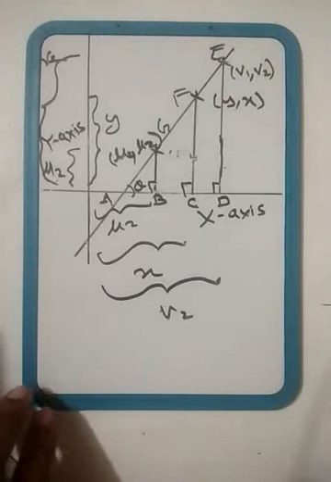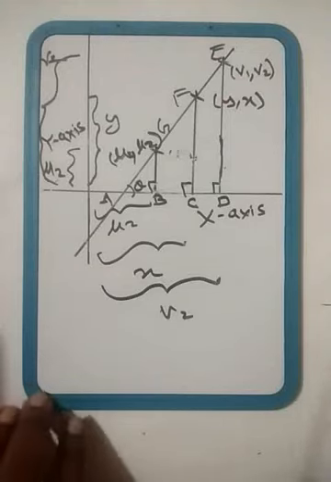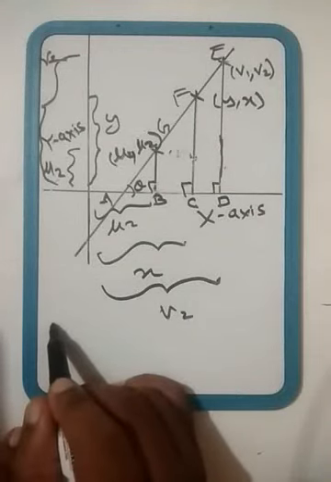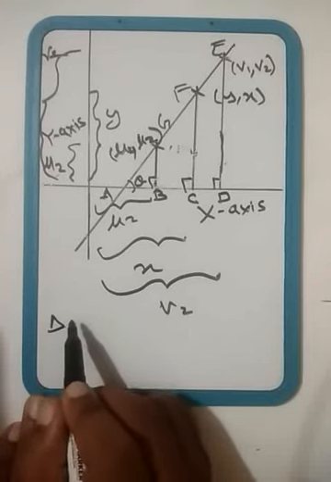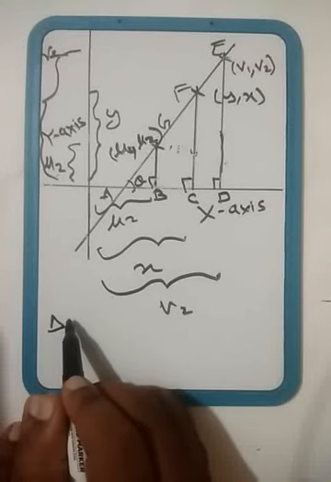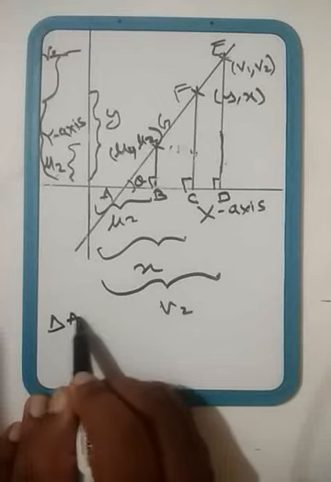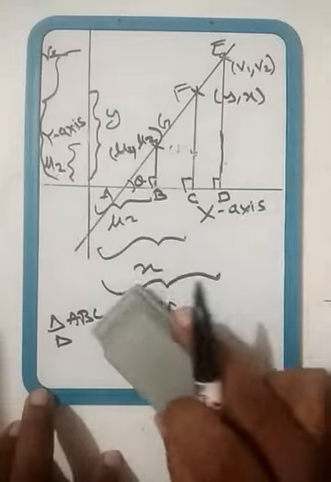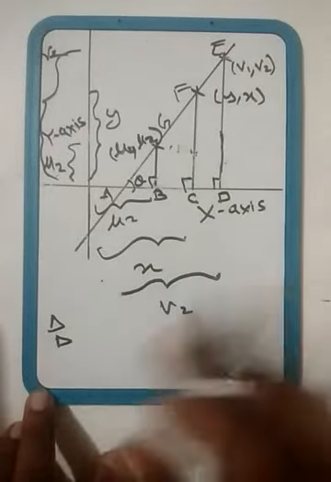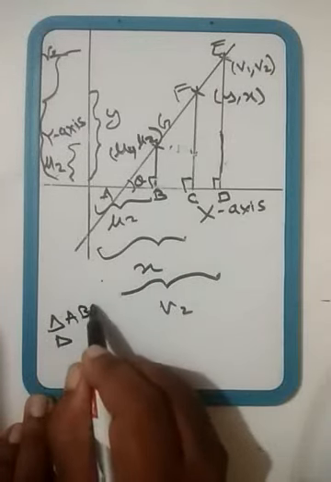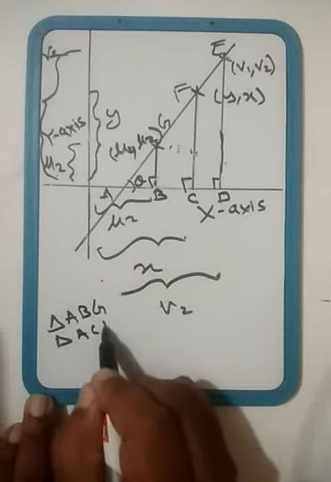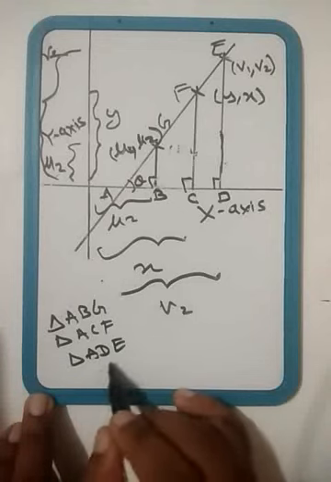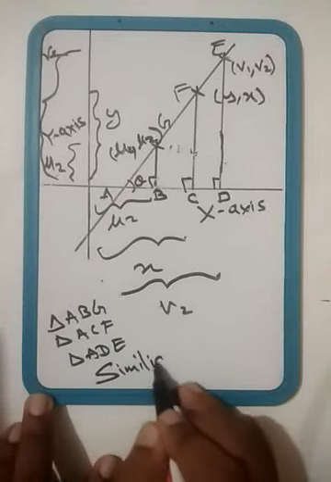What do we have? We have that triangles ABG, ACF, ADE are similar triangles.